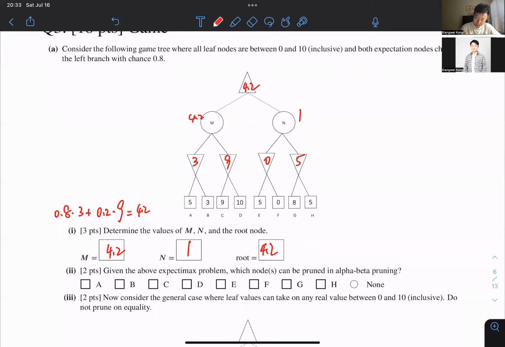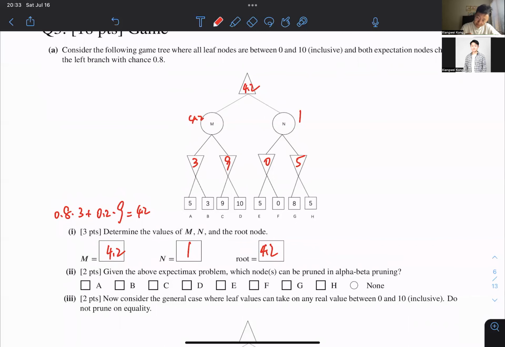What we see from here is after we select 0 here, then this value will be 0.8 times 0 plus x times 0.2. And the range for x is from 0 to 10.